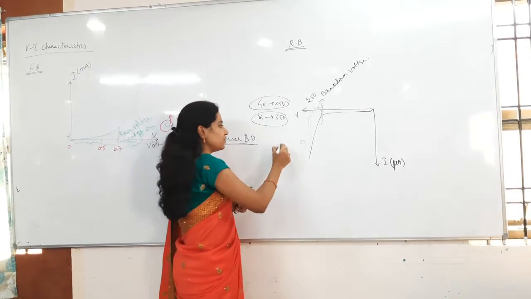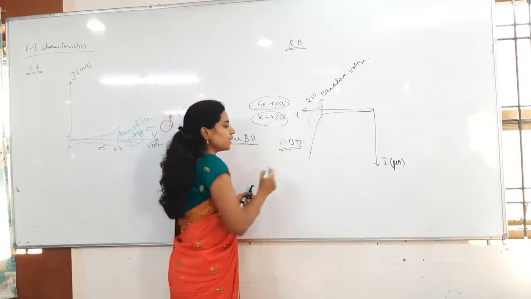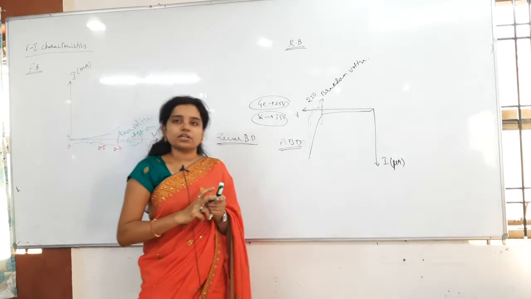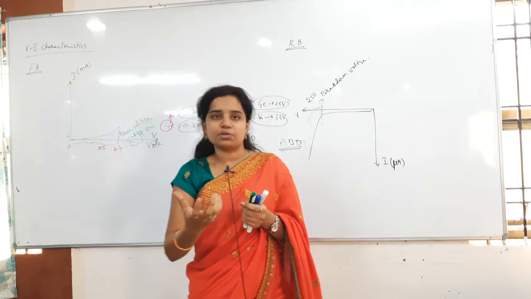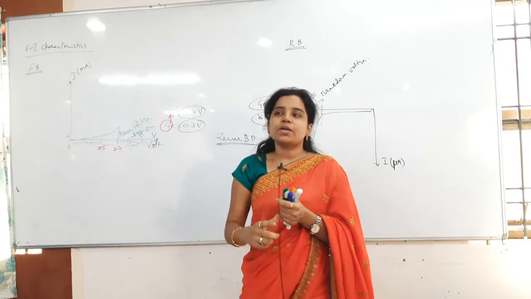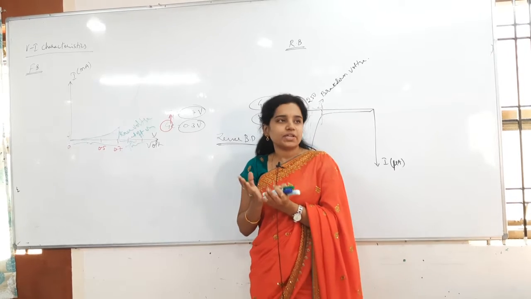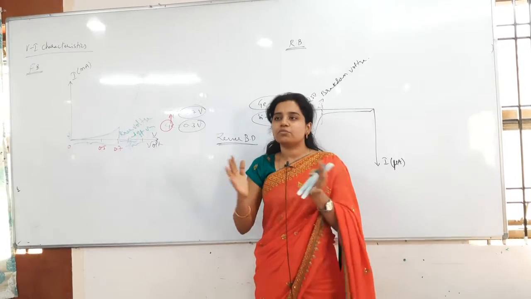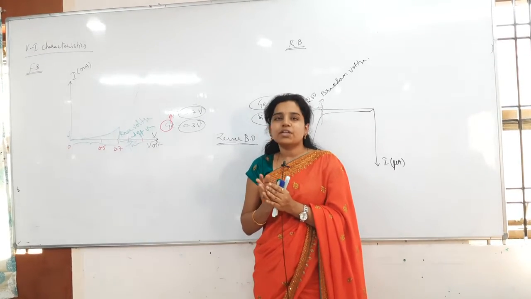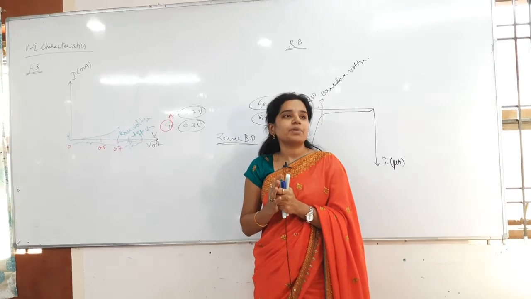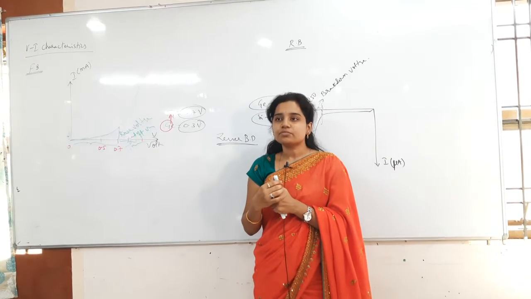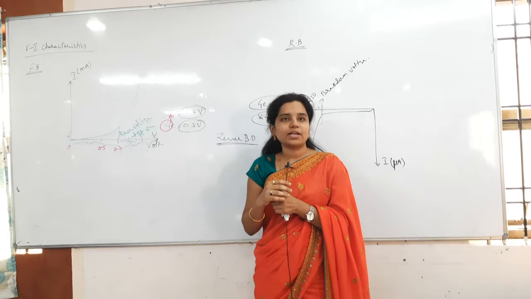What is the avalanche breakdown? Avalanche breakdown means whenever you see in the reverse bias, again this potential is increasing. By using that energy, the free charge carriers are moving randomly inside the PN junction. Whenever they are moving randomly, at that time what happens?